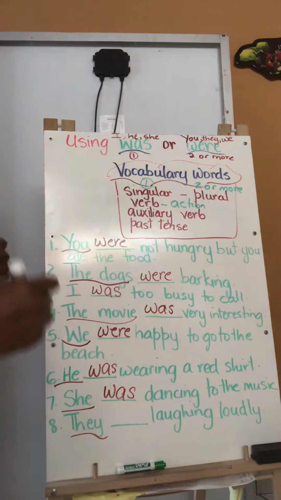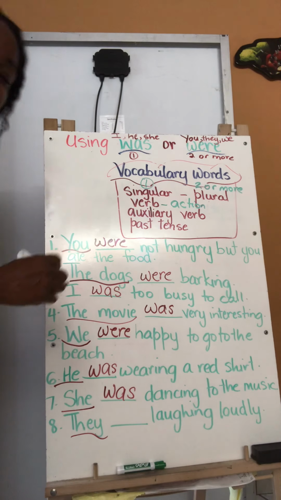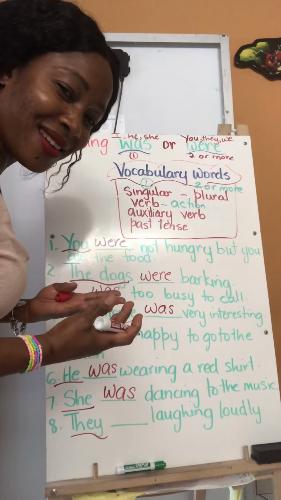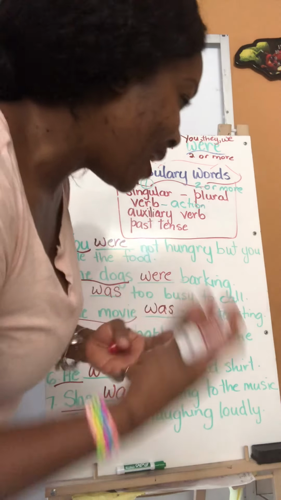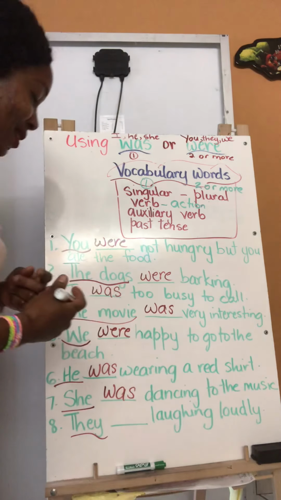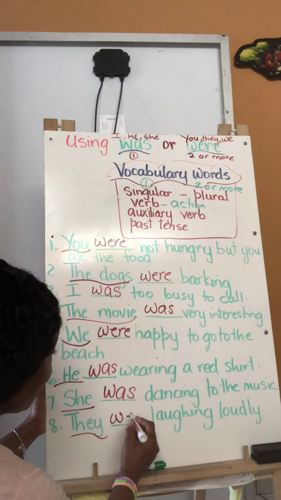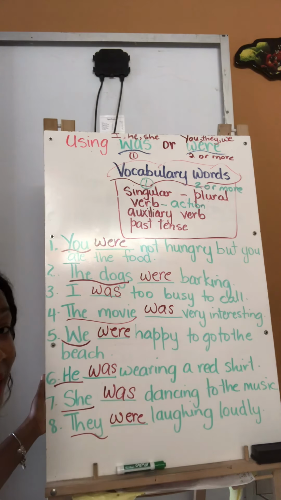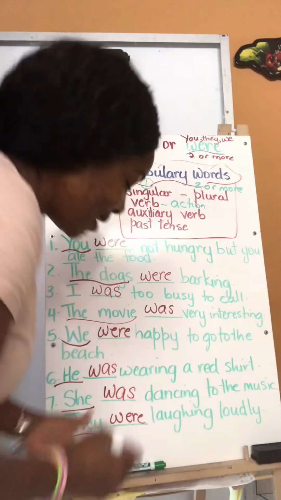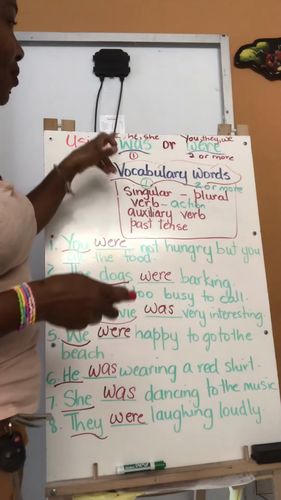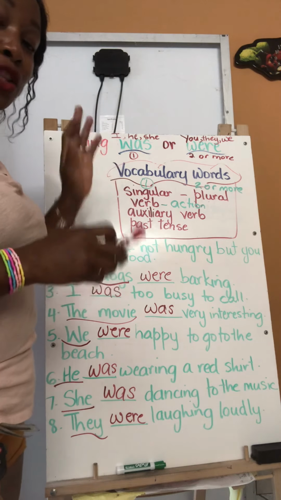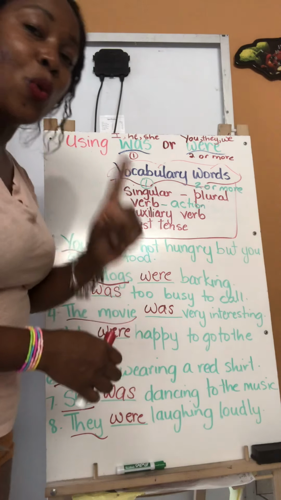8. They blank laughing loudly. Now we all know that they refers to more than one person. So if they're laughing, then it must be were. They were laughing. So please remember, was is used when we're referring to only one.